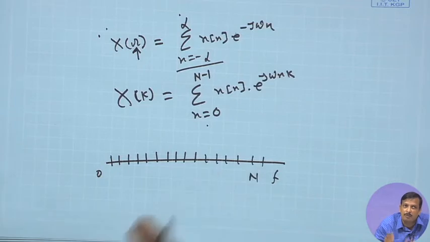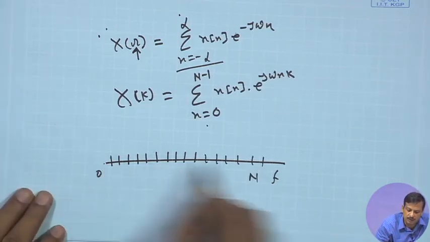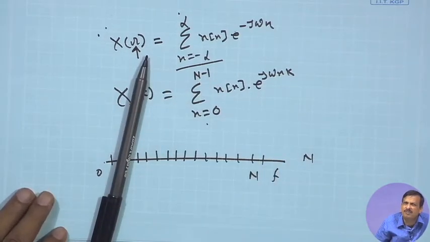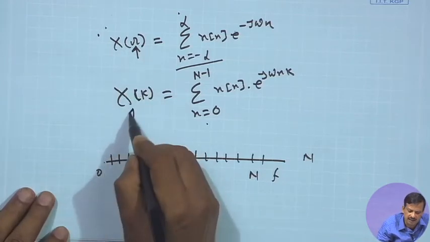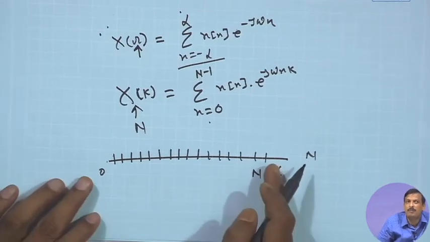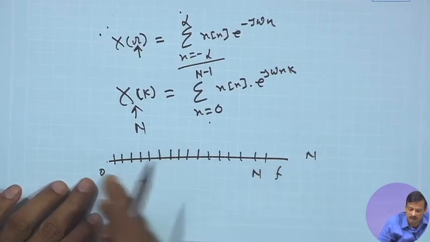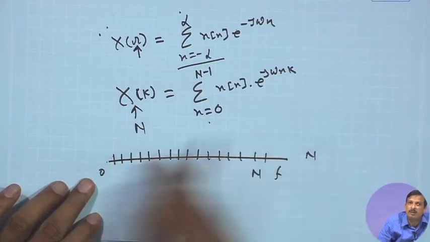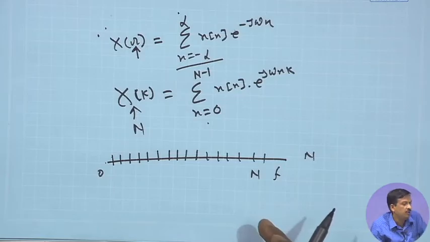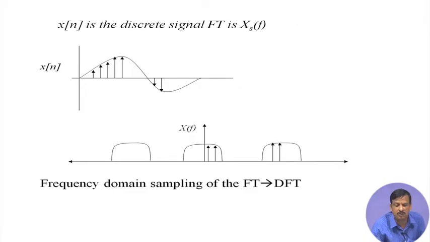If it is N finite-length discrete values, then the period is N, and the signal is repeating itself. So, X[k] has a period of capital N, the number of samples I have taken. This is continuous frequency, and I discretized it with a number of discrete values.